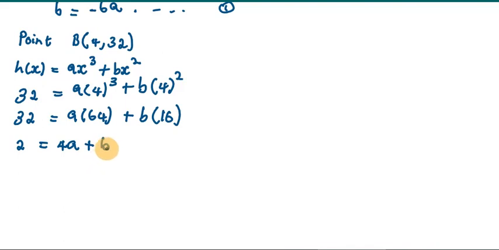Meaning if I want to make b the subject of the formula, I will say b is equal to 2 minus 4a. It's a matter of taking this 4a from this side to the other side, so the sign will change. Since here it was positive, when you shift it to this side, it will be negative. All right. This one is equation number 2.